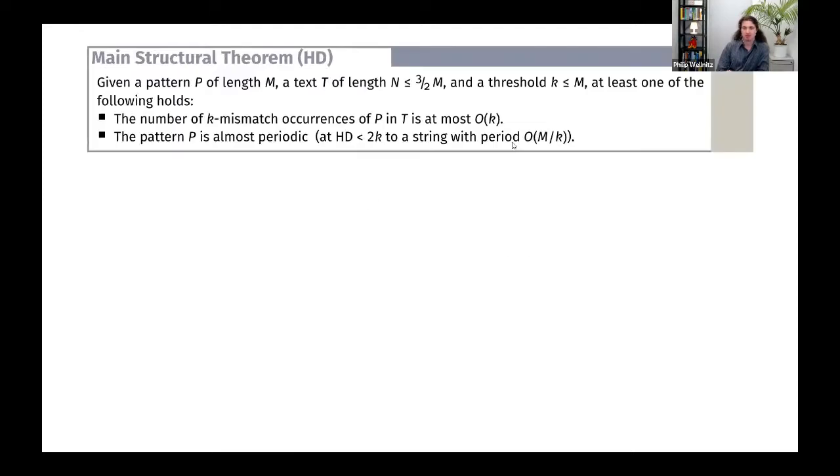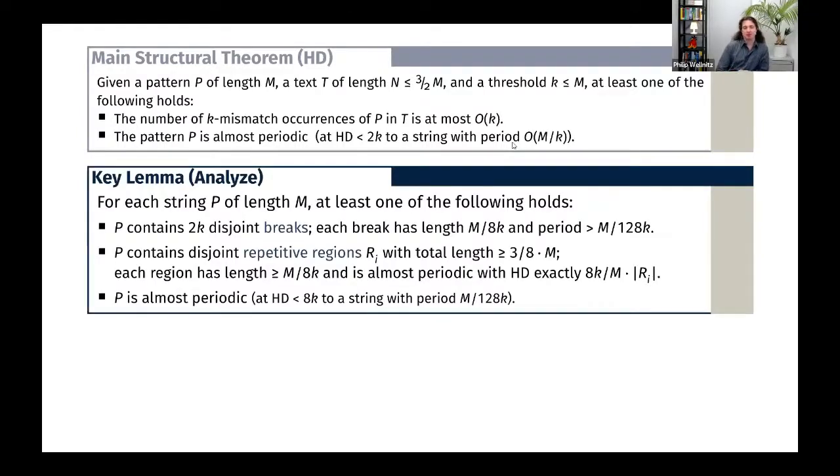Okay. So let me spend some time on the techniques. The key lemma for achieving our main result is the following. We show that for each string P, at least one of the following is true.